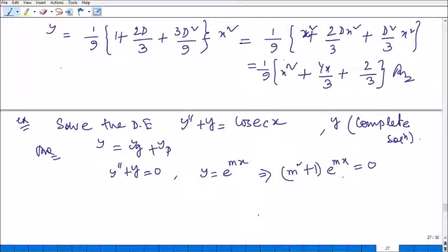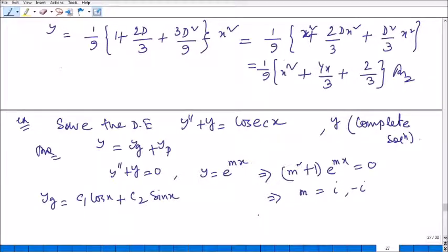Here e to the power mx is not equal to 0, then we can write m equal to i and minus i. So the values of m are i and minus i. So the general solution is yg equal to c1 cos x plus c2 sin x.